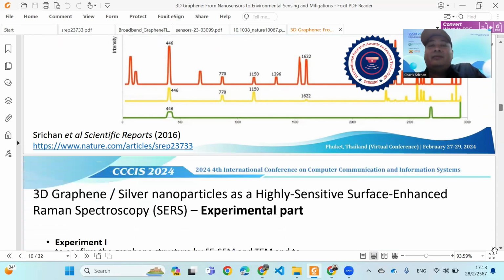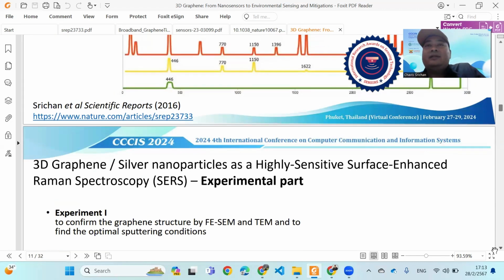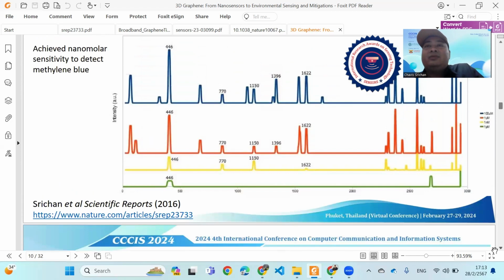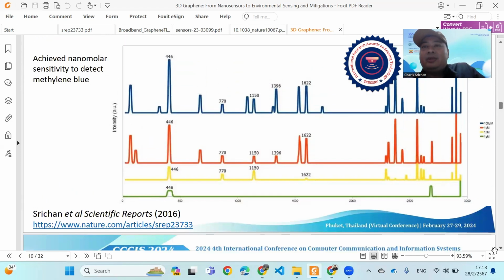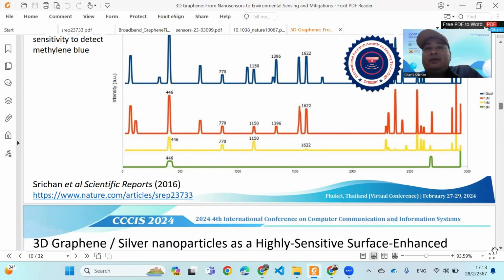So in this work, we just illustrate that when we combine the two structures, we sputter a nanoparticle onto the graphene foam, and then the graphene acts as the mirror to the nanoparticle and enhances the plasmonic effect as well.